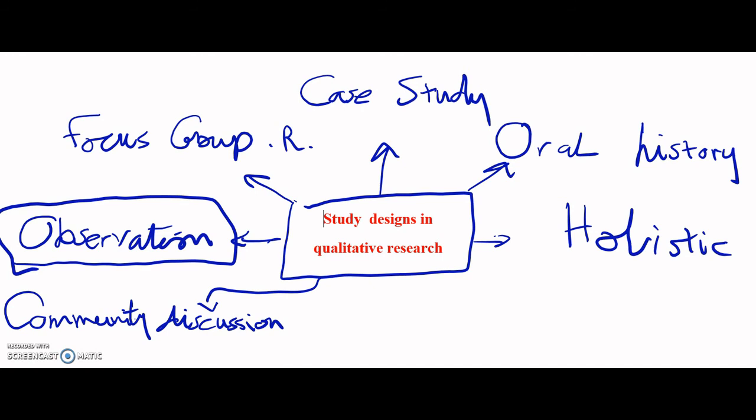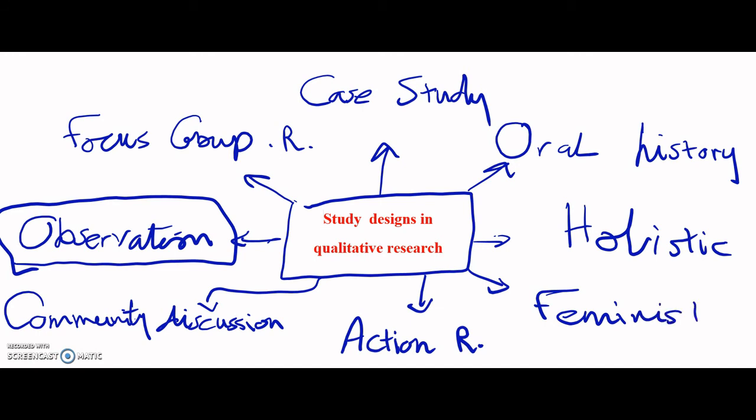And one very famous type is action research, which is directed to solve some practical issues or concerns. This is practiced in business, in education, and in agriculture as well. Another example is feminist research, the type of research that focuses on female issues and studies female problems, and this is another example.